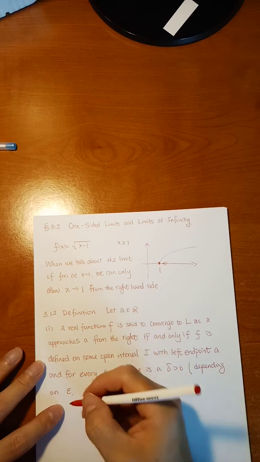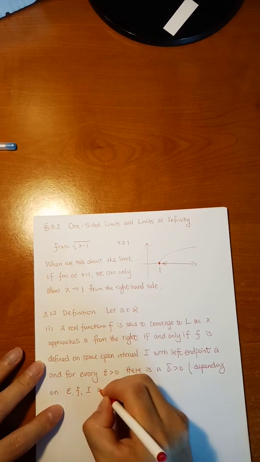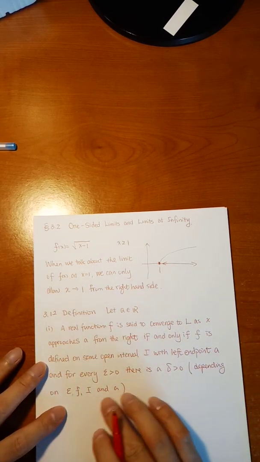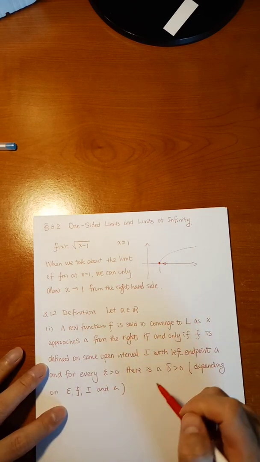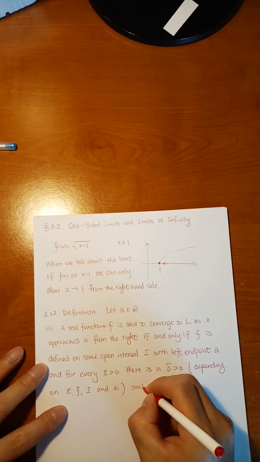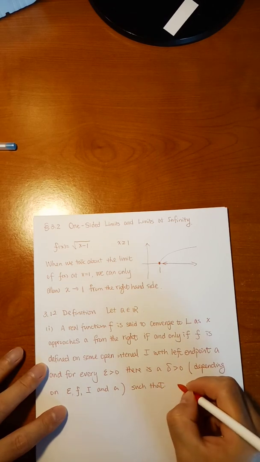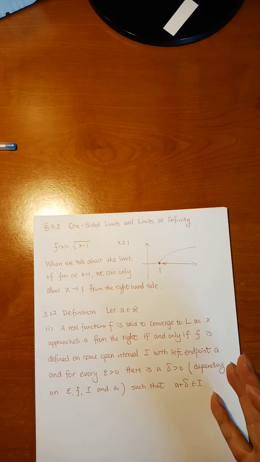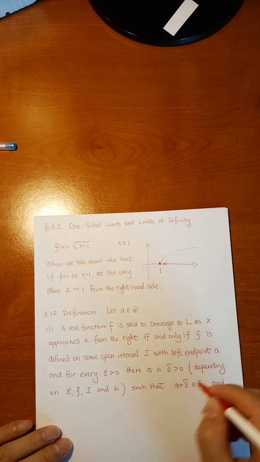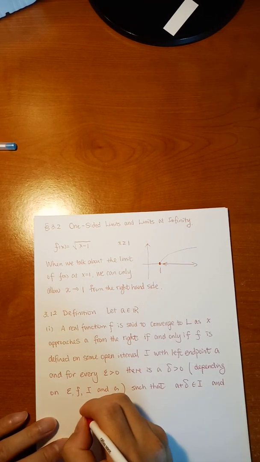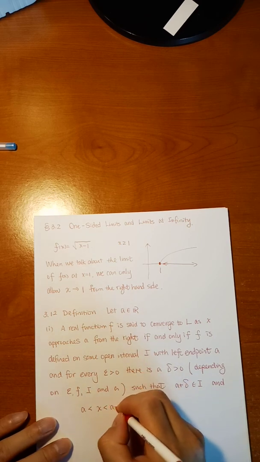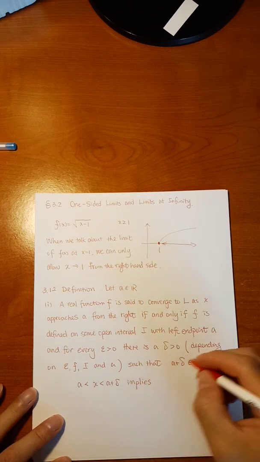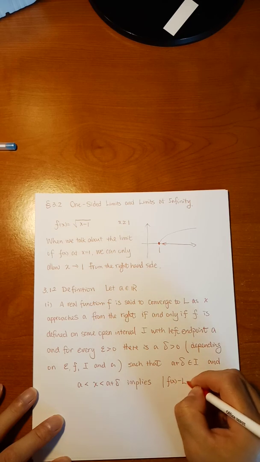On epsilon, on f, on I, and on A. In general, I'm not saying it always depends on this, but in general, it depends on all the information mentioned before, such that A plus delta belongs to I, so you cannot exceed the domain, and x is on the right side of A but close to A implies absolute value of f(x) minus L is less than epsilon.